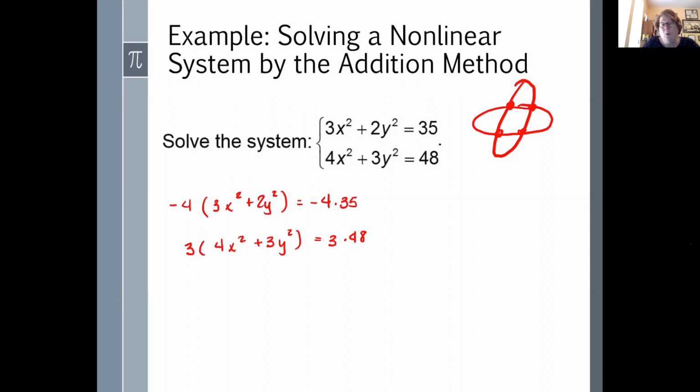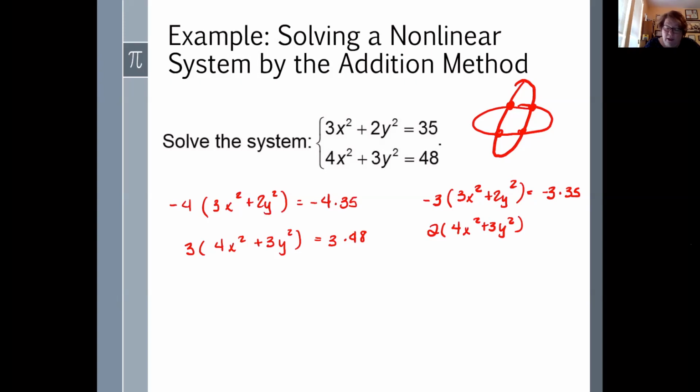You could also eliminate y. You could multiply the top equation by, I don't know, -3, both sides. And to eliminate the y, you would need to multiply the bottom equation by 2, both sides. Remember, when I multiply an equation by a constant, I must do that to both sides of the equation so that the equation continues to balance.